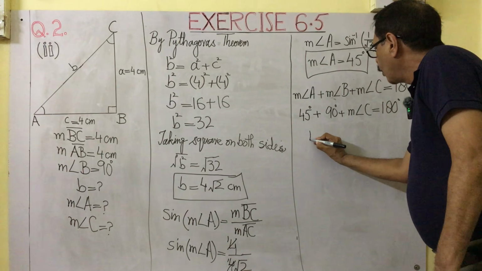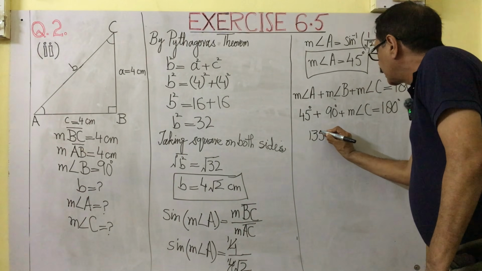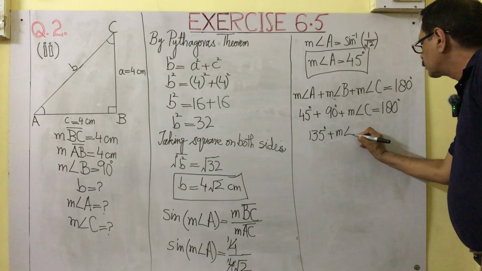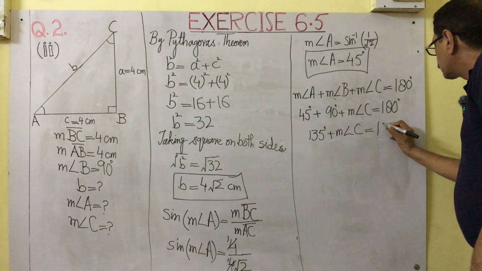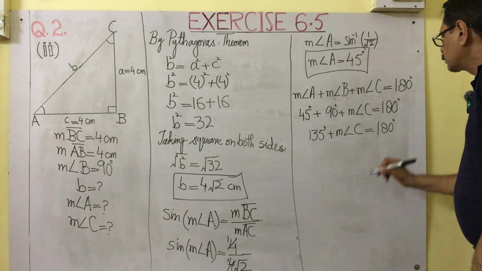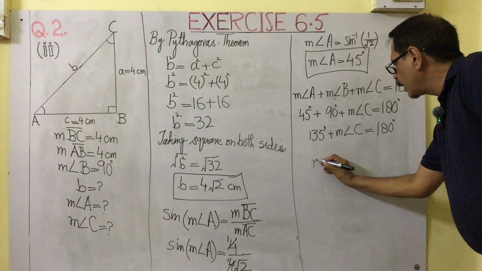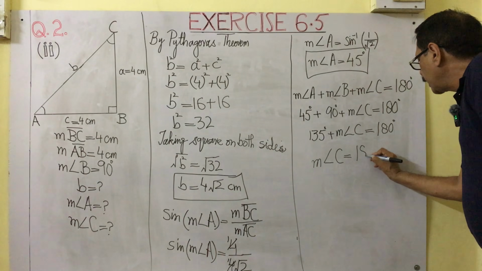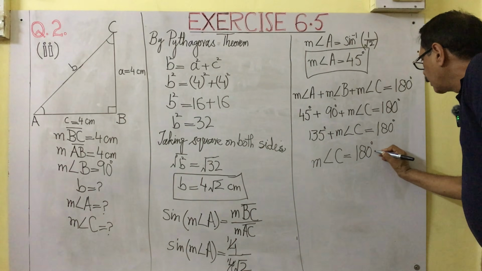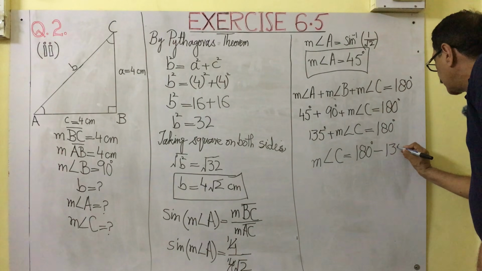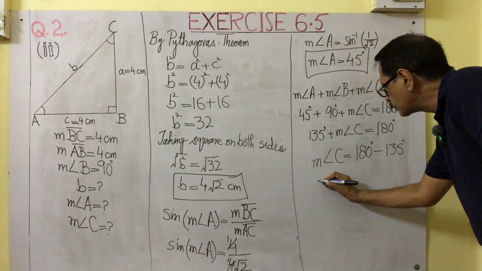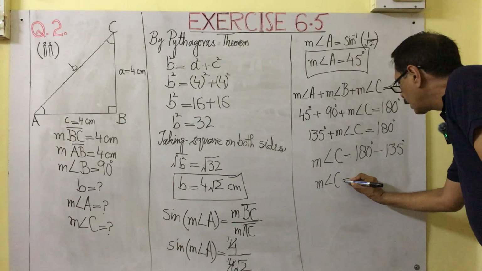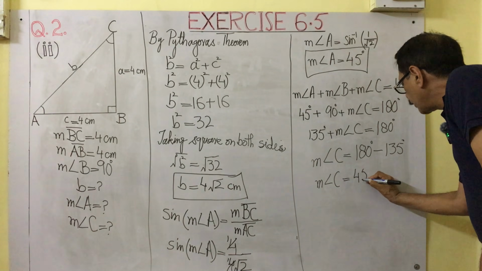Adding these two, 135 degrees. Now comes the measurement of angle C, 180 degrees minus 135 degrees. This comes to be 45 degrees.